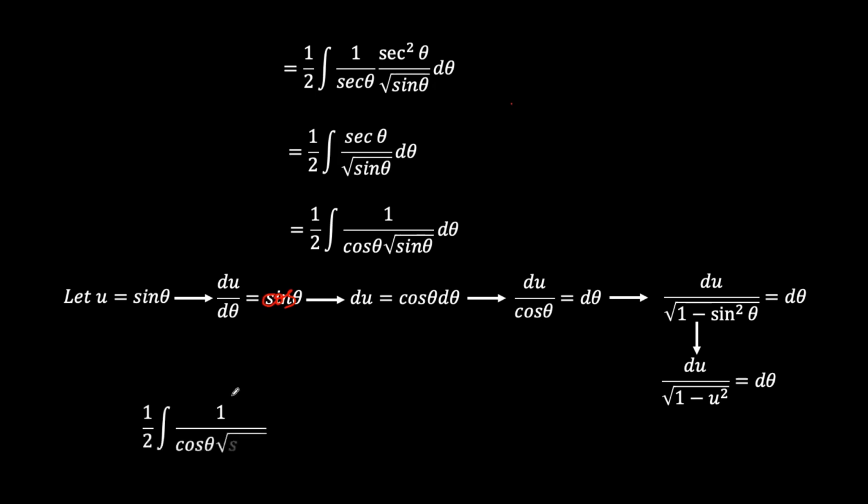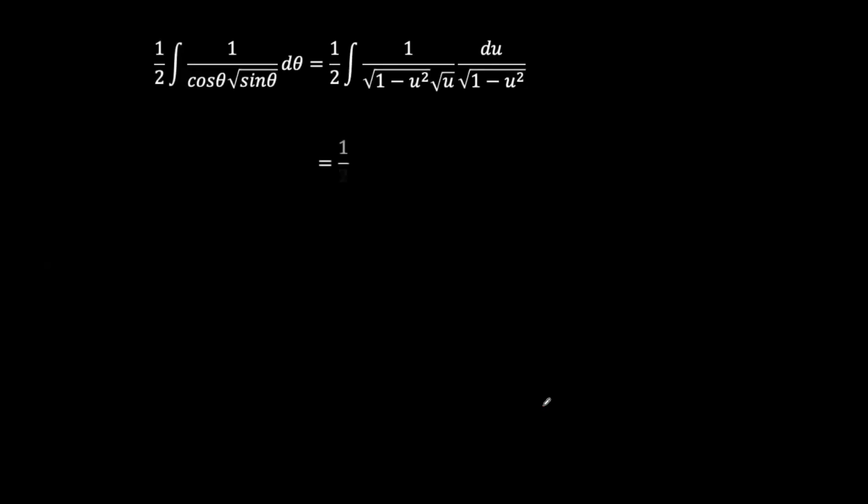So this integral here becomes 1 over 2 integral of 1 over square root of 1 minus sine squared theta in place of cosine theta, and then we have sine theta here, and we forgot to include d theta here. So this means that in place of cosine theta, we have square root of 1 minus sine squared theta, which is 1 minus u squared.